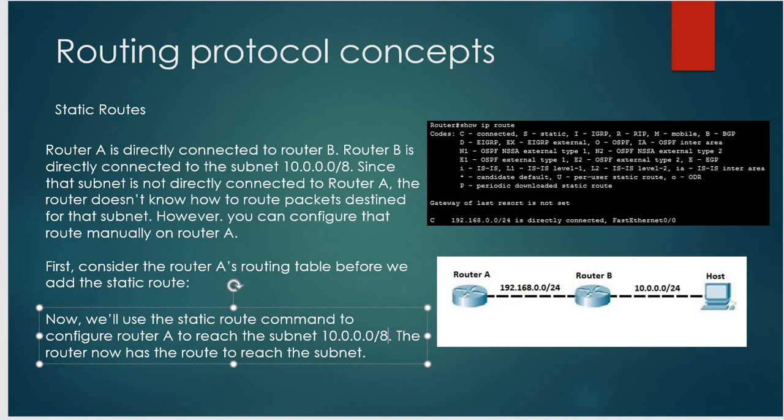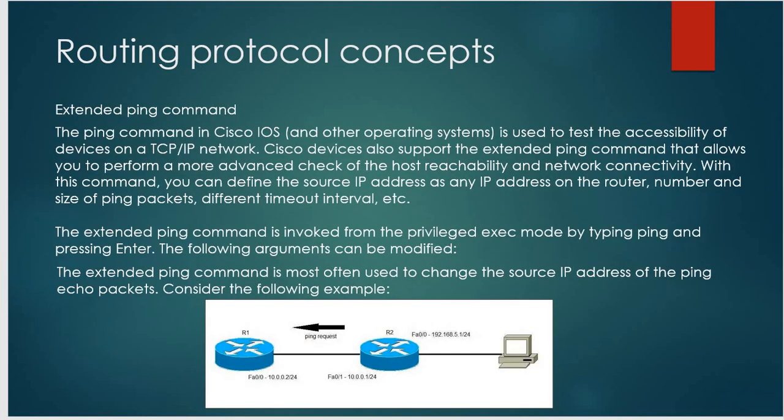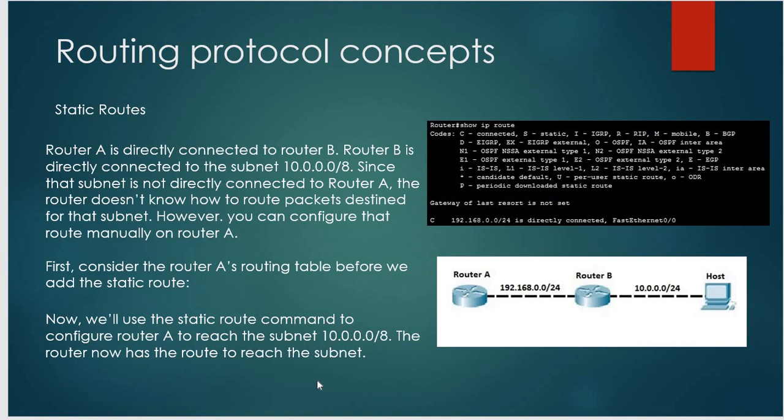The router must have the routes to reach the subnet of this area, to reach this host, so we need to update the information first. In static routes, we have to configure it here to reach these destinations. These are the two different routes: connected routes and static routes.